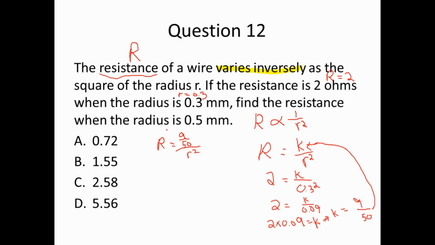Find the resistance when the radius is 0.5. So small r equals 0.5. Capital R equals 9/50 divided by 0.5 squared. So the answer is 0.72 ohm.